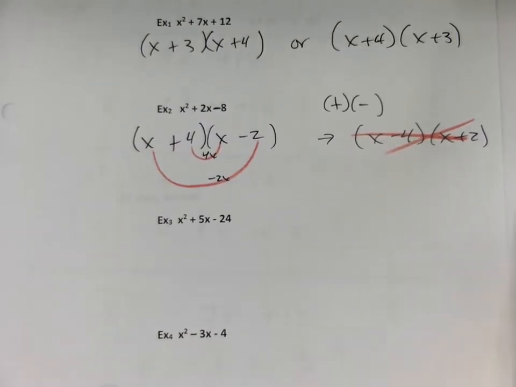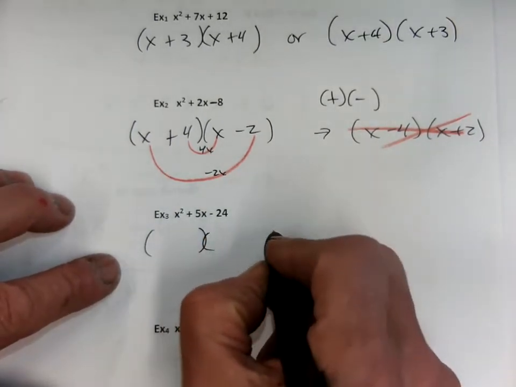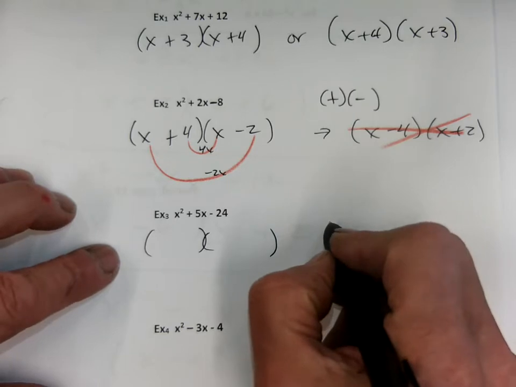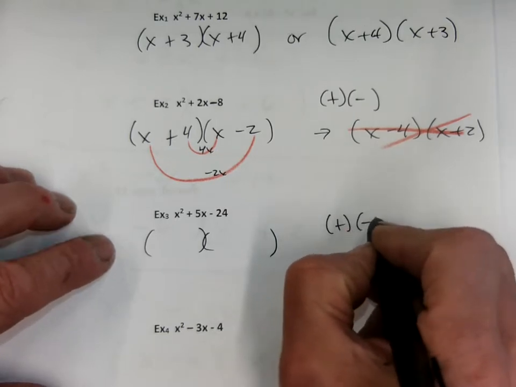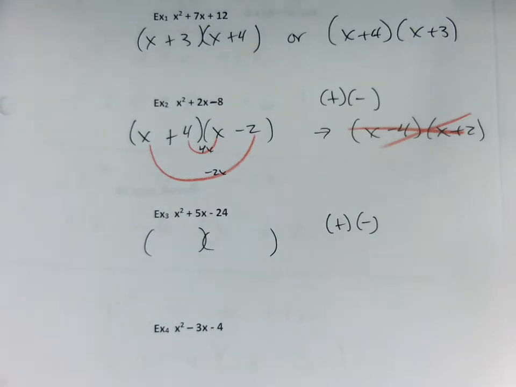How about 3? Well, let's go parentheses, parentheses. I know for sure it's got to be a positive times a negative. Now, 24 is a good problem because, well, let's see. There's 3 times 8. There's 4 times 6. There's 2 times 12. There's 1 times 24. Lots of combinations, right?